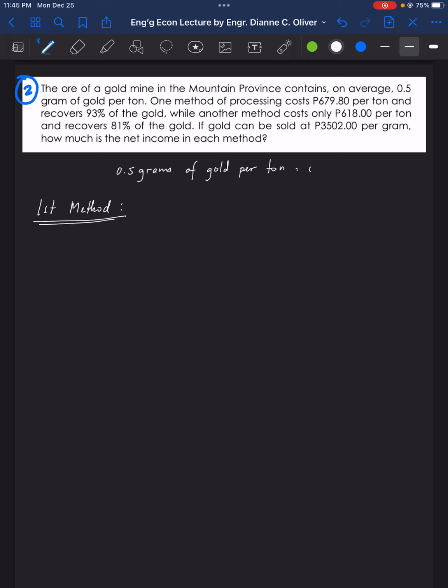Or that is 0.5 G per ton as for the gold. One method says here the processing cost is 679.80 per ton and recovers 93% of the gold.